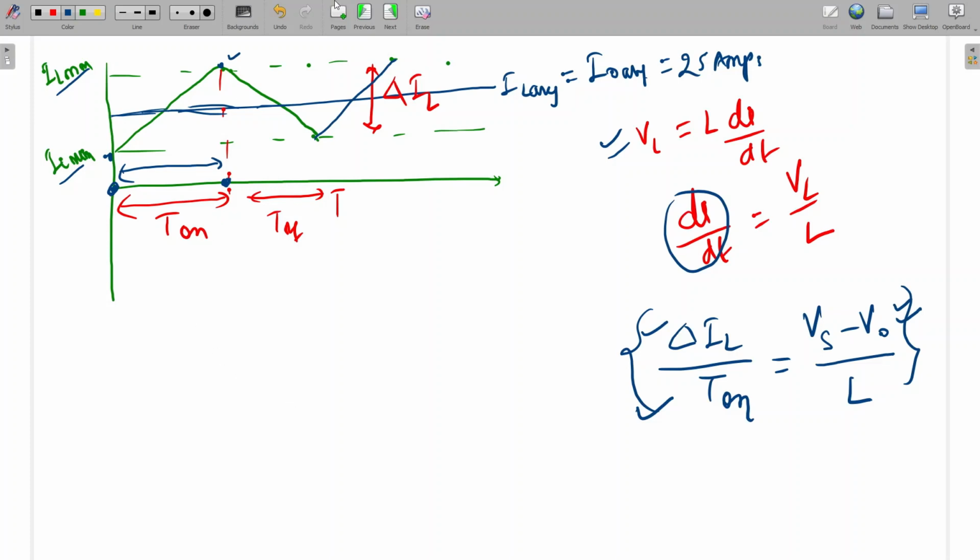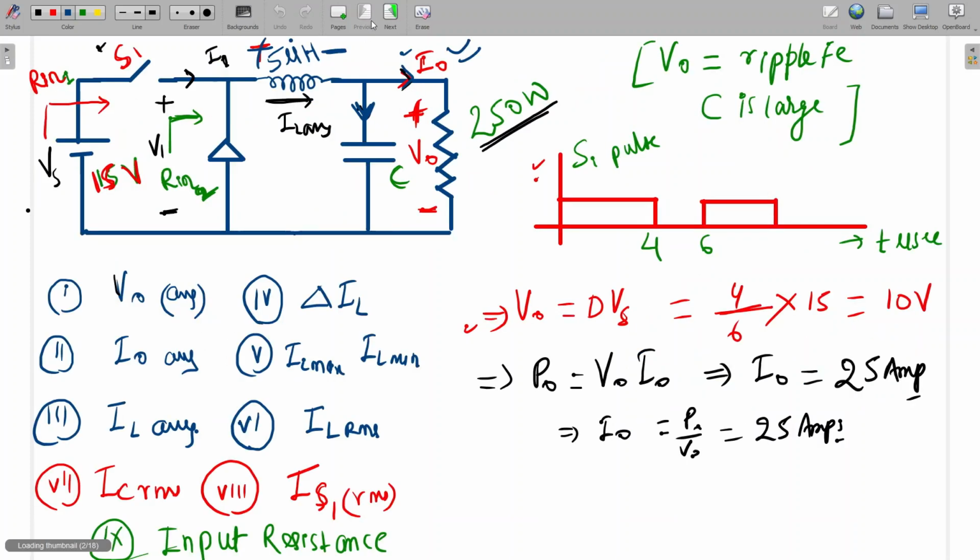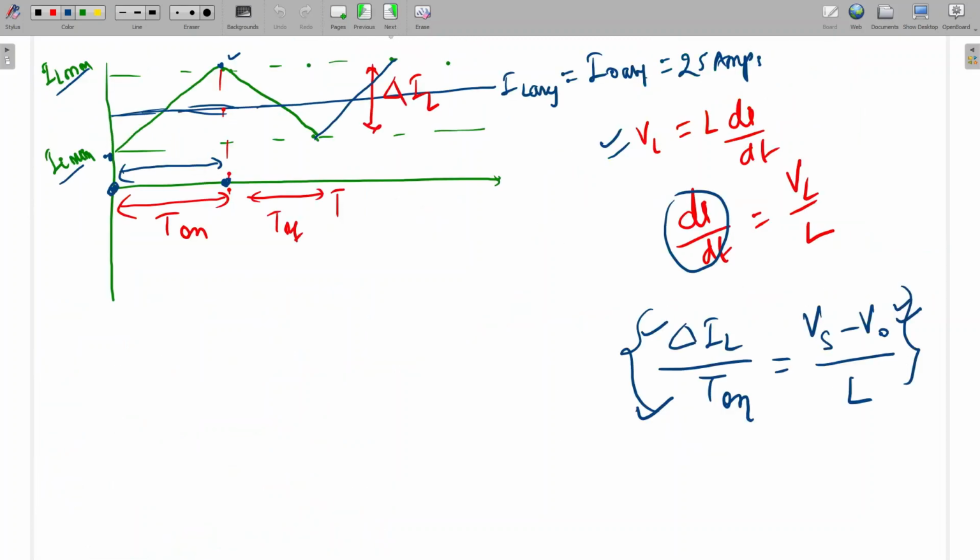Okay. See, if it works in continuous conduction mode, minimum value means it can work in discontinuous mode also. How can we say that it is continuous or discontinuous? This is the boundary condition: this is one cycle, charging up to here and discharging just here.